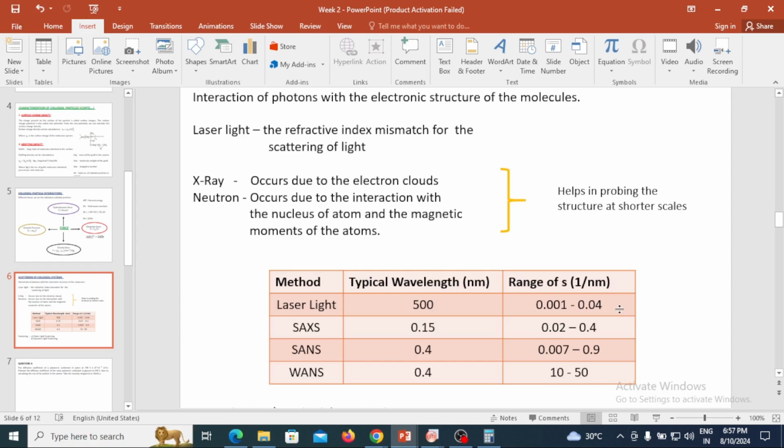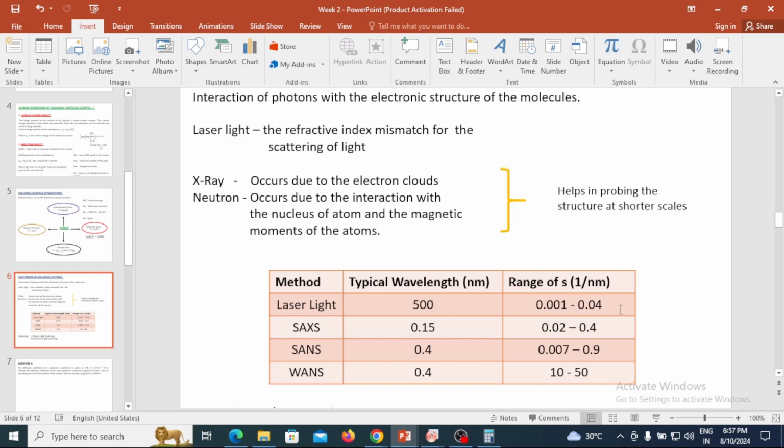So if you use laser light on a colloidal particle, it can only help us know what is on the surface and not inside. We won't be able to get in-depth information on the structure beyond the surface. So that is one of the limitations.